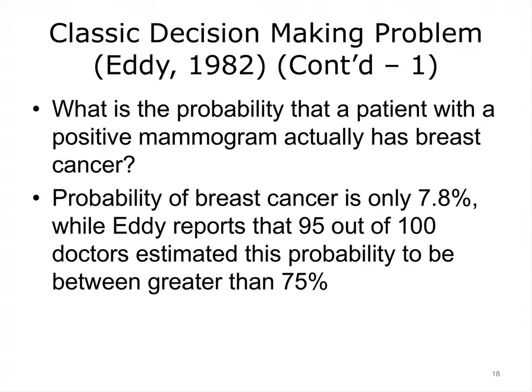Eddy found that 95 out of 100 physicians estimated that the probability of breast cancer after a positive mammogram to be around 75%, a highly inflated value. The test result and its sensitivity seem to be the most salient feature, and the base rate is largely ignored.